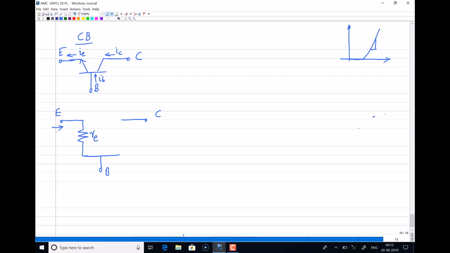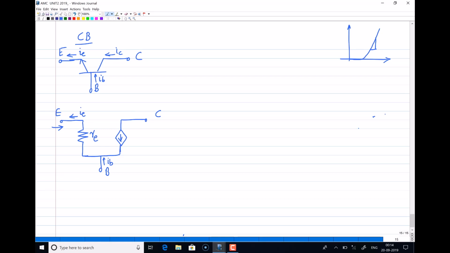Now the current direction of IE is this, that means base current should be in this direction and collector current should actually flow in this direction. Now I can write this as a controlled current source.